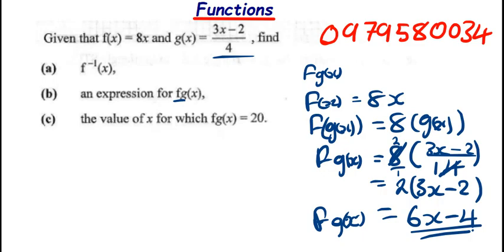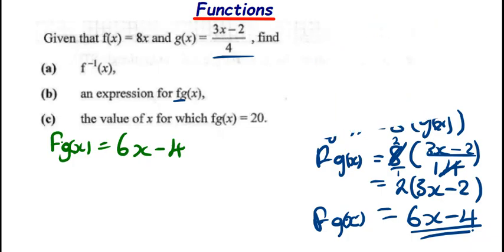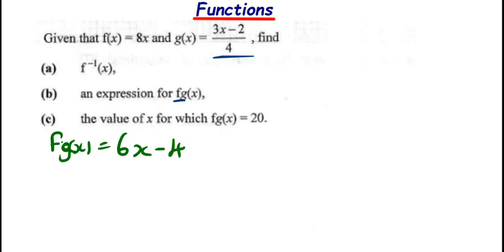Now they are saying the value of x for which fg of x is equal to what? It is equal to 20. So this is very simple as well. We have found our fg of x to be equal to 6x minus 4.